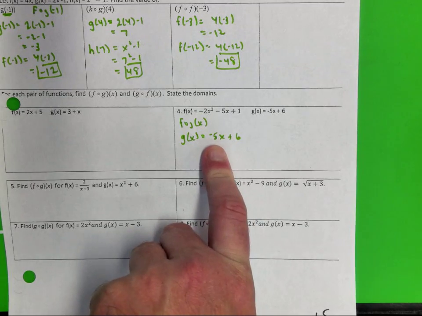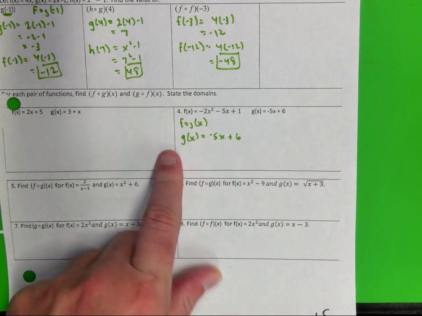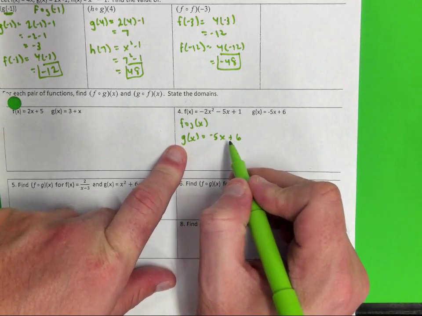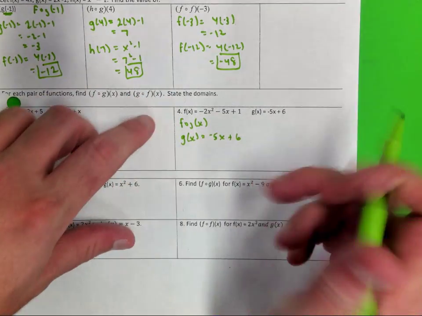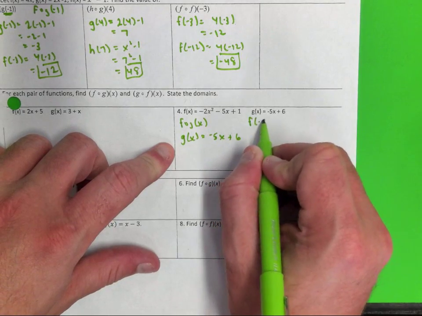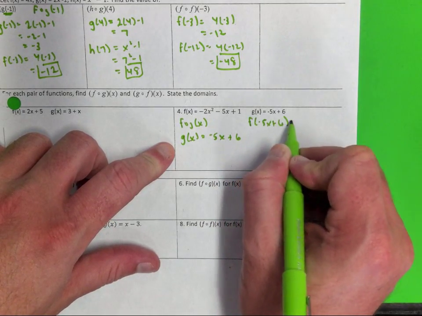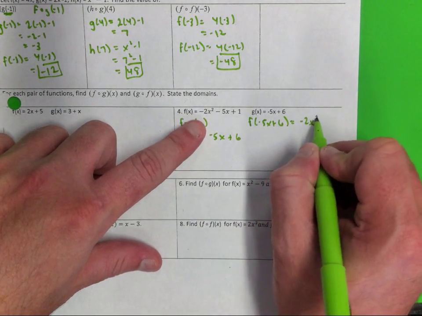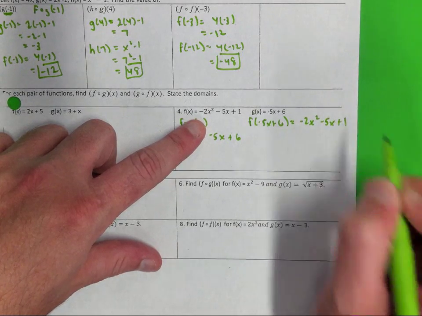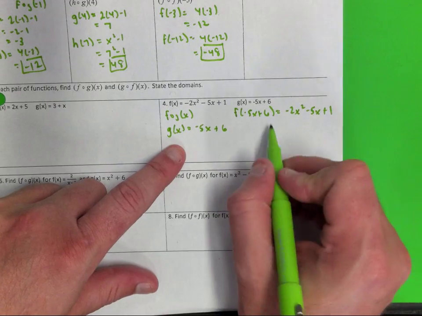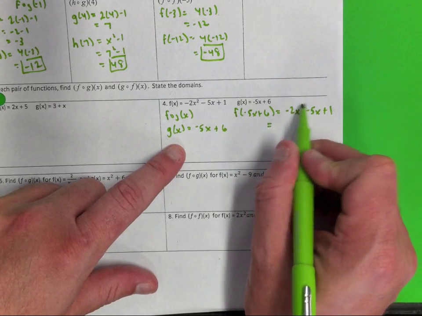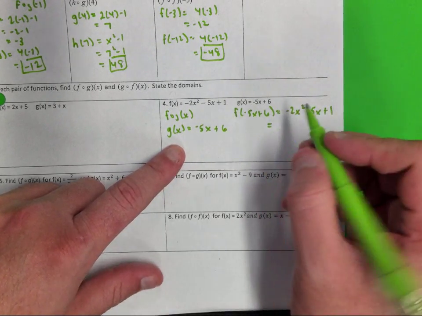No, it stays the same. So now I'm going to take that and come over here and write f of negative 5x plus 6 equals negative 2x squared minus 5x plus 1. Now I'm going to take that and plug it in for which one? Plug it in for x.